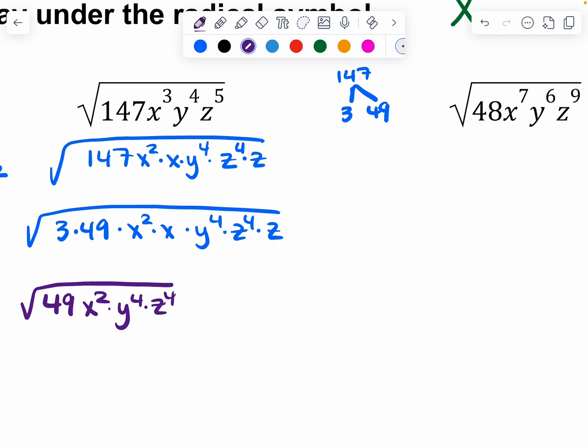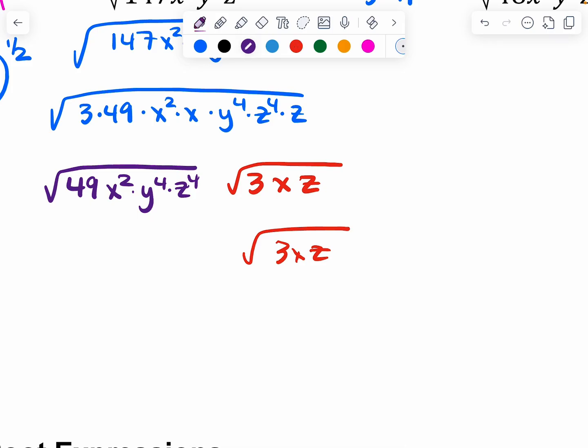The things I cannot take the square root of: 3, x, and z. So 3, x, and z are going to stay right where they are. I'm going to take the square root of 49, which is 7. X squared, you take half of the exponent, you get 1. Half of the exponent, you get 2. Half of the exponent, you get 2.